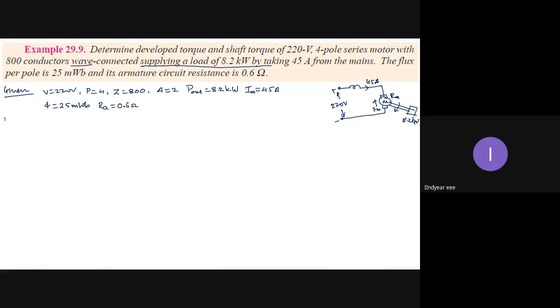Now what I have to find is TA and TSH. TA I can directly find out.